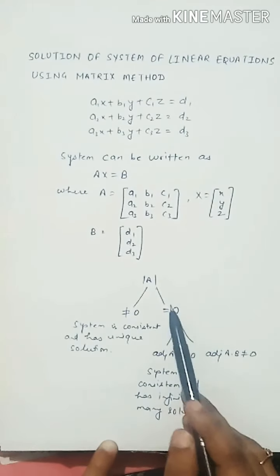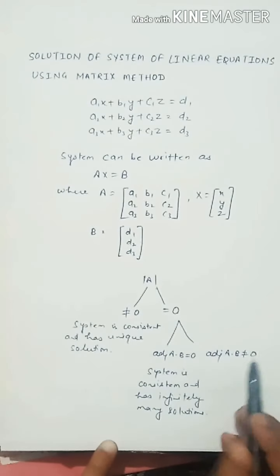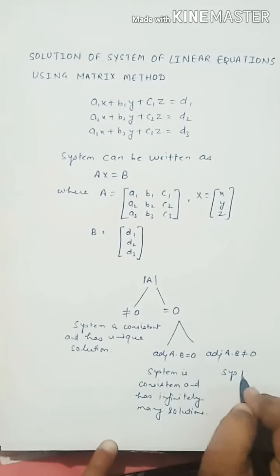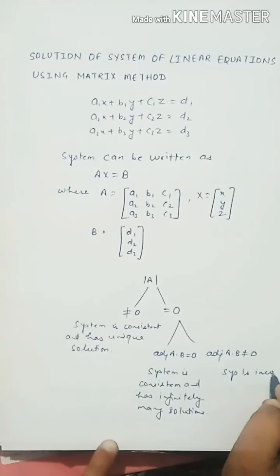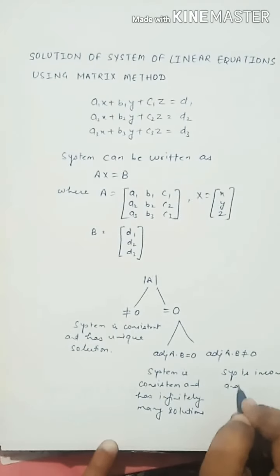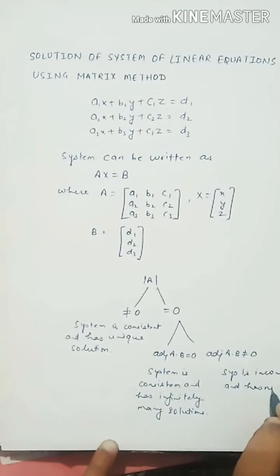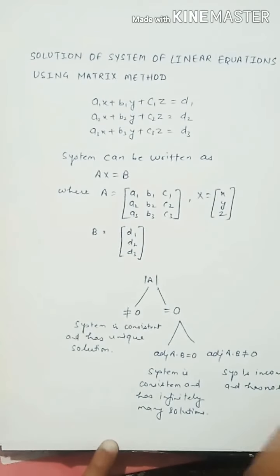And if determinant A is 0, adjoint A into B is non-zero, we will say system is inconsistent and has no solution.